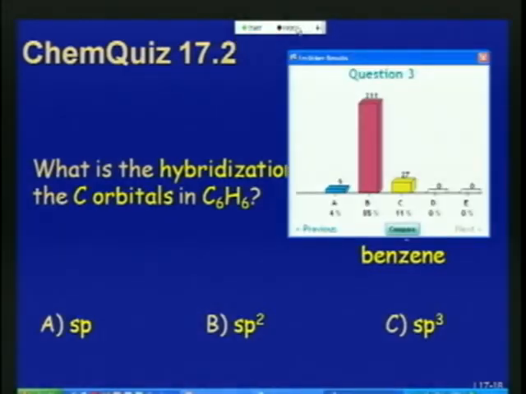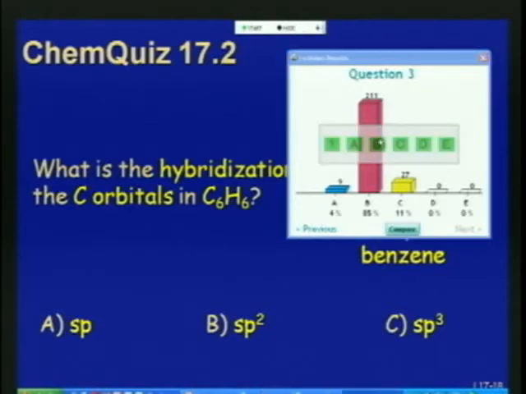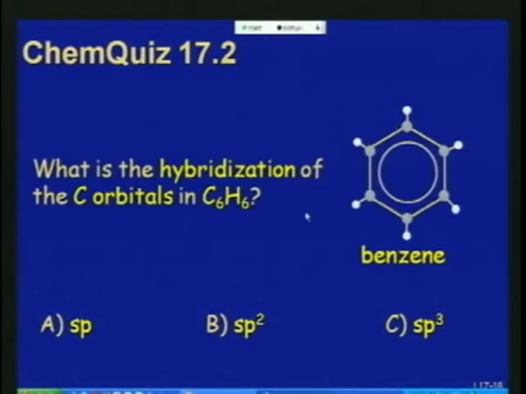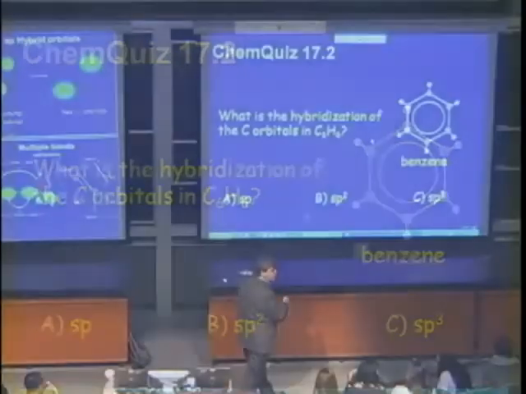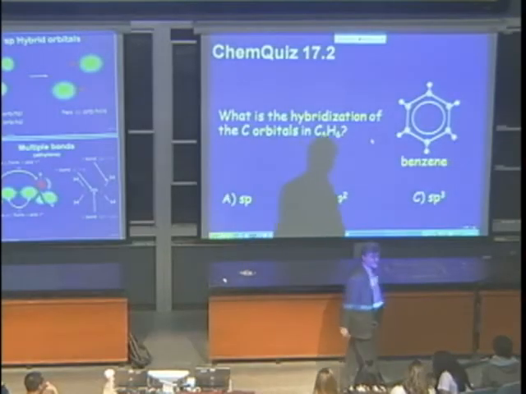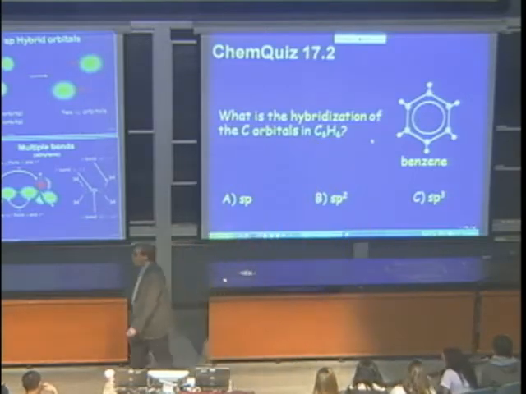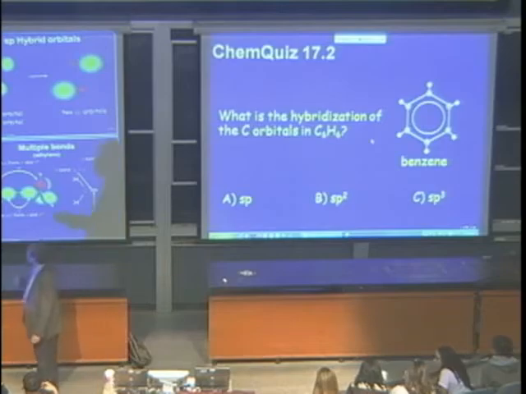Yes! Excellent! Very good. Perfect. So of course you know this has to be 120 degrees. It's flat. It's planar, trigonal. So what is it called? The steric number is what? 3. Okay, it's right here.